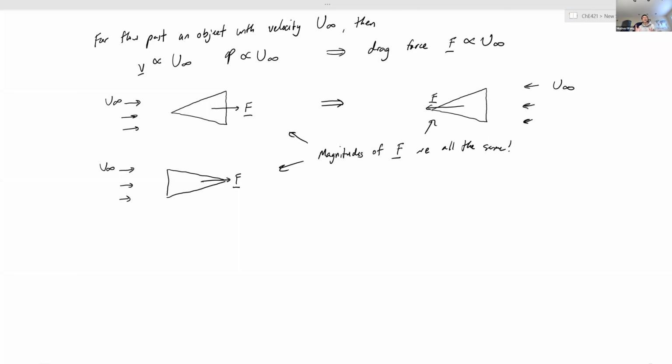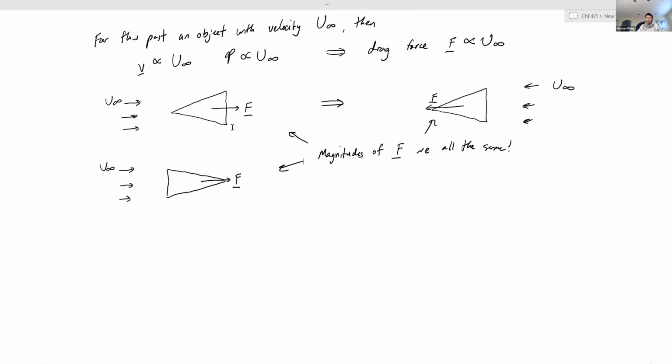When you're designing something, when we just talked about airfoils, you want to make it look aerodynamic. You would be the worst aeronautical engineer in the world if you were to design an airplane wing that looked like this, where you have the blunt end moving forward, right? But in creeping flow, it doesn't matter. They have exactly the same drag forces, right? And so I happen to draw this for a triangle just because it's completely ridiculous to flow something into the blunt end of the triangle.